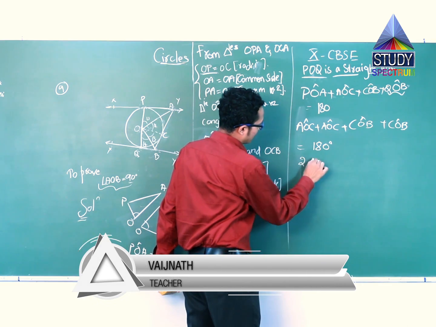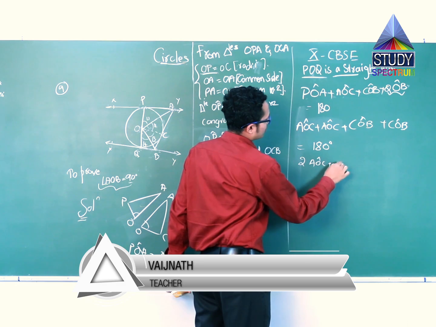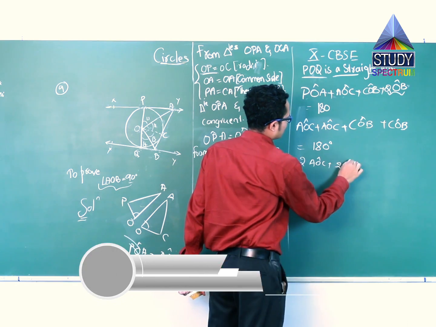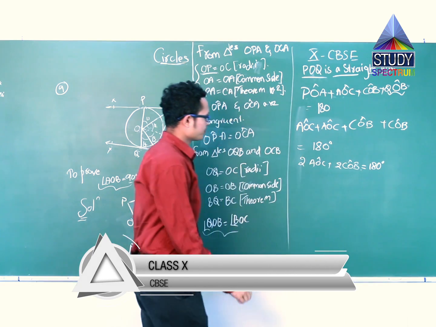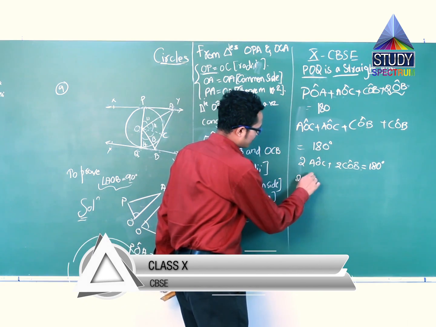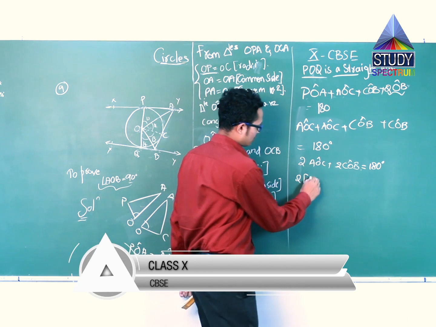2 times AOC plus 2 times COB equal to 180 degrees. I've taken 2 common.